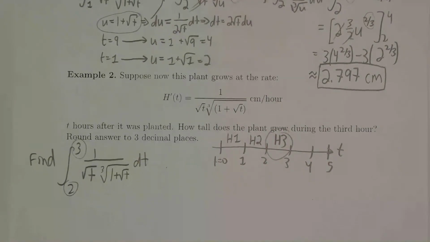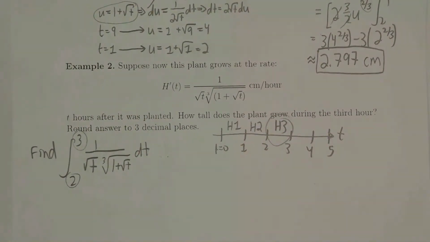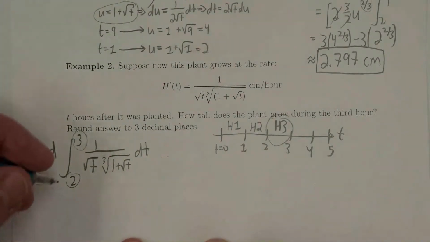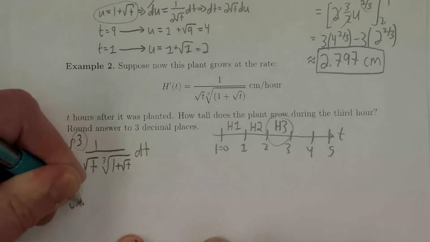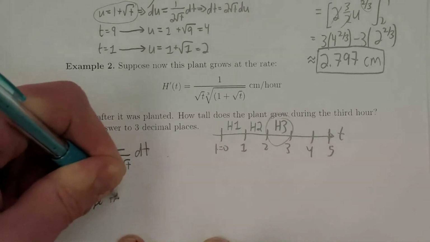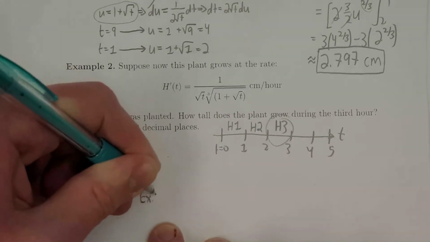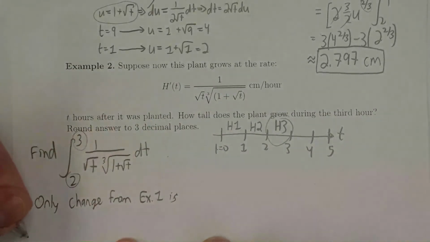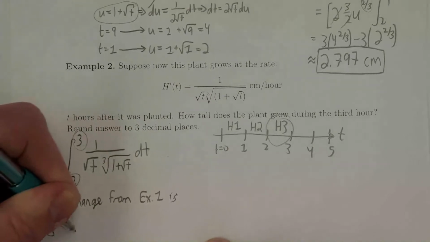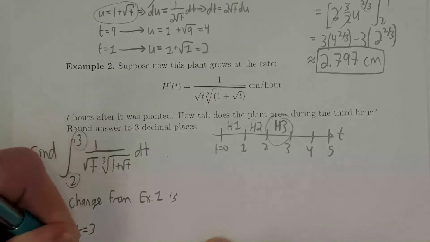I'll definitely be skipping a few steps here, because a lot of it's similar to the first example, but I will note the change in bounds. The only change from example 1 is the bounds. In this case, t equals 3 and t equals 2.